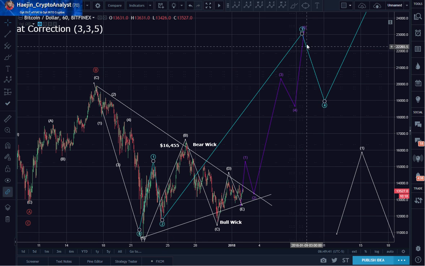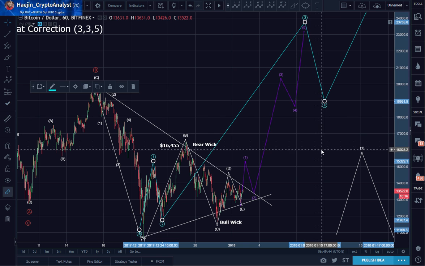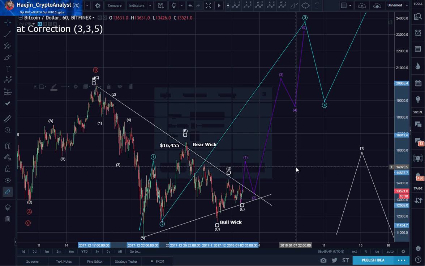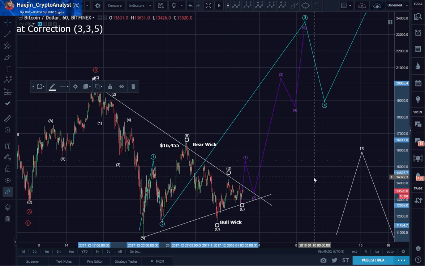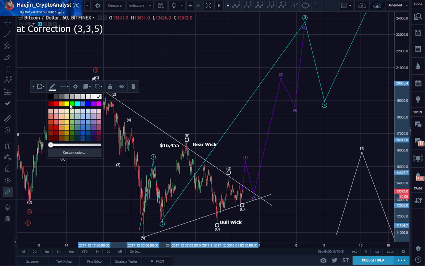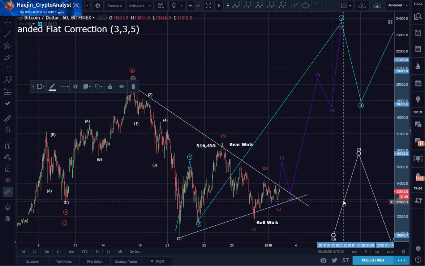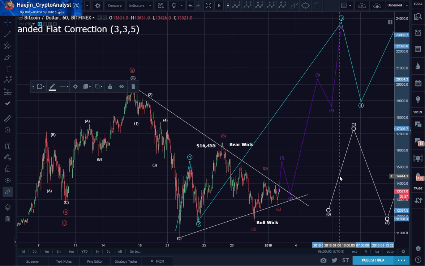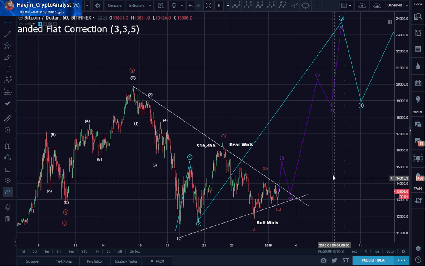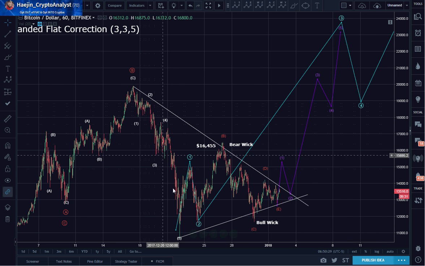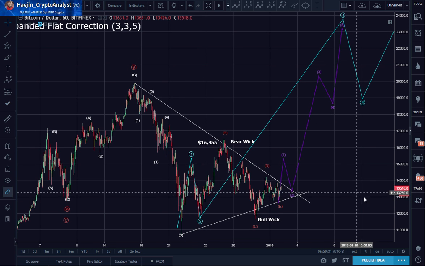Move everything to the right because time has elapsed. That means we have 1, 2, 3, 4, and 5. And if this A, B, C, D, E is done, then so be it.